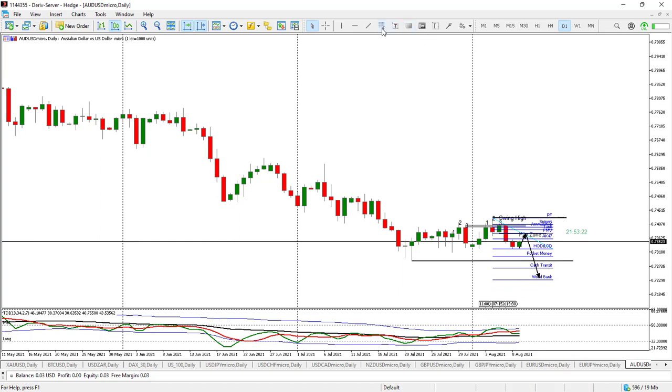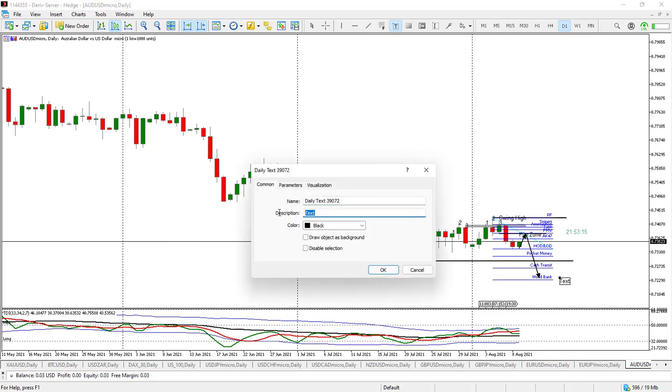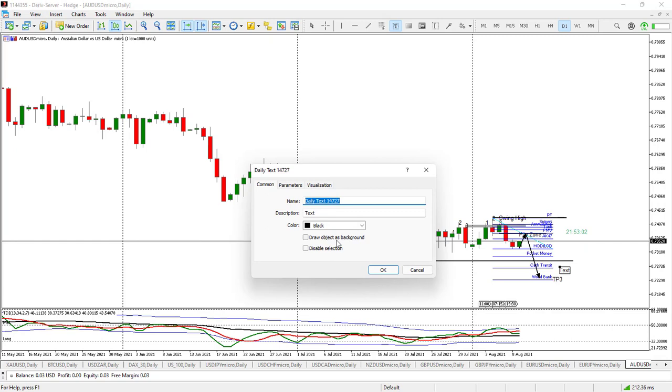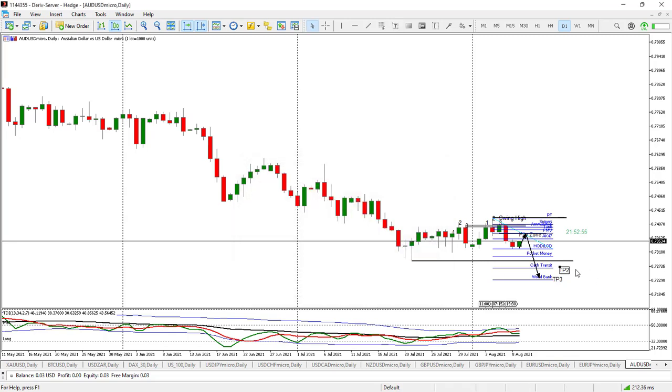And then this will be my TP3 on this pair, TP3, and then this will be my TP2. This will be my TP1.